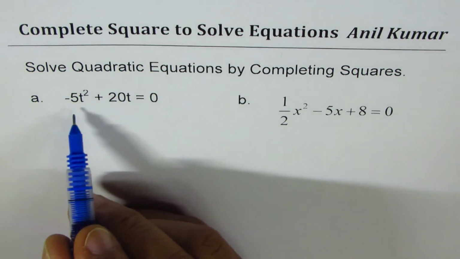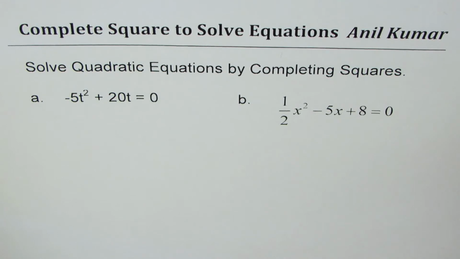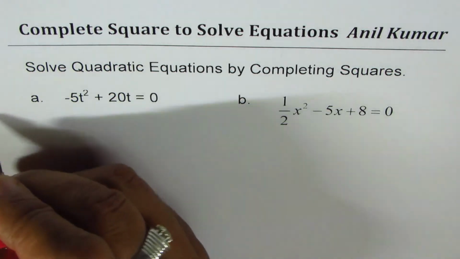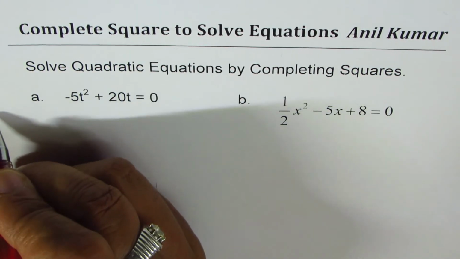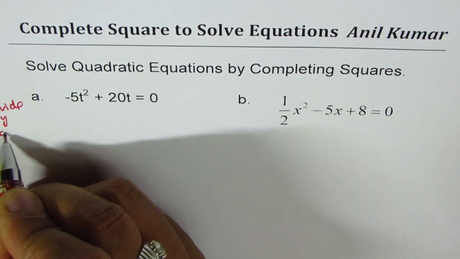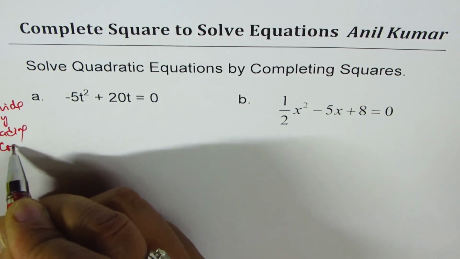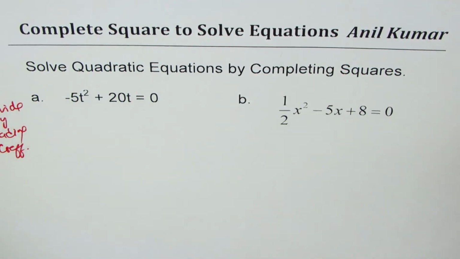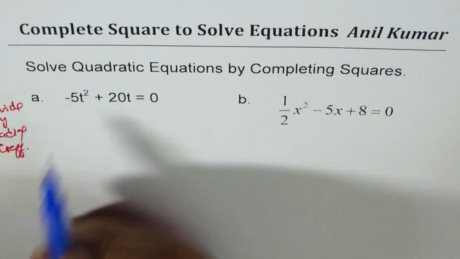So remember the steps. The first step is to divide by the leading coefficient. If it is 1, then you don't have to do this step. So I'll divide by minus 5.